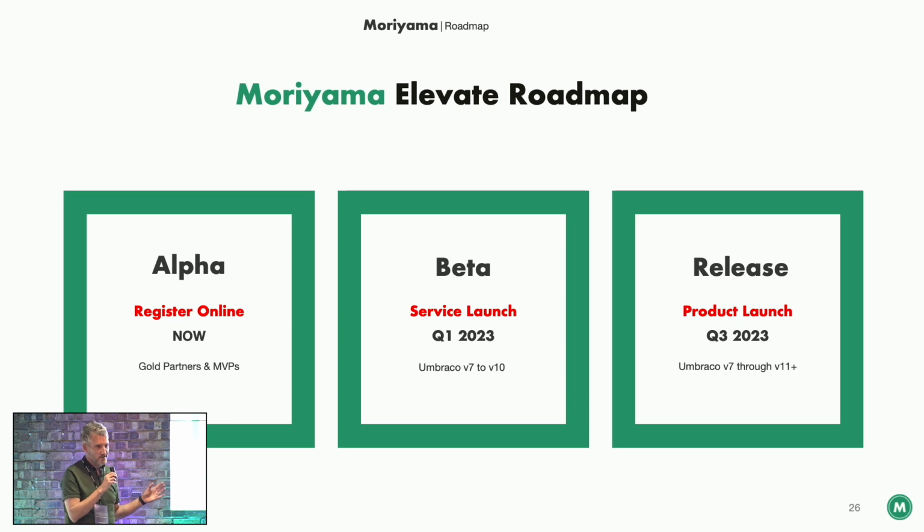As a service, it's going to be our responsibility to make sure that whatever data you have in your version 7 site, we can resolve and map and get it to your new one. So the service will be you build your new 10 site, get it how you want it, but without any data, and then say, here you go, Moriyama, sort out that mess. So that will be the service launch.